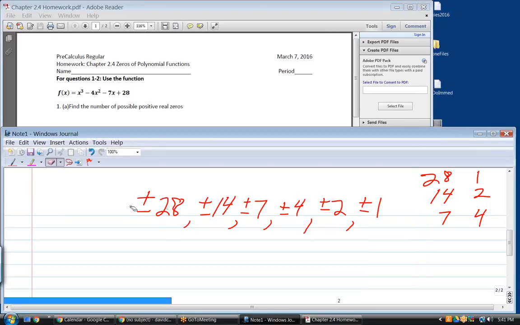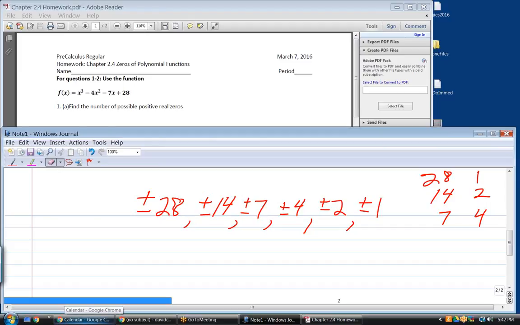The reason you use plus or minus with every one of them, regardless of the sign, in fact, the sign is not important on this, because all we're looking for are factors of the number 28 and it's always going to be plus or minus. The reason is that when I came up with 28 and 1, that could have been minus 28 times minus 1. So that's why all of them are plus or minus.